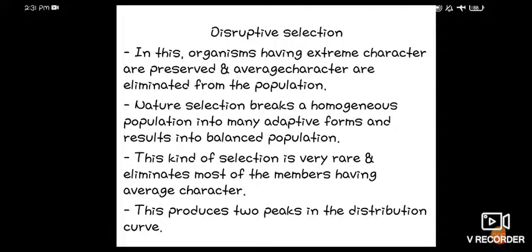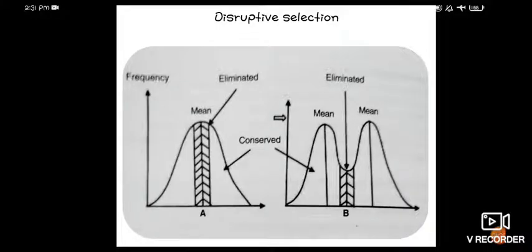So this selection produces two peaks in the distribution curve, as shown in the diagram, where the mean characters, which are marked by lines, get eliminated in the next generation, and the extreme characters are preserved for the young generation.